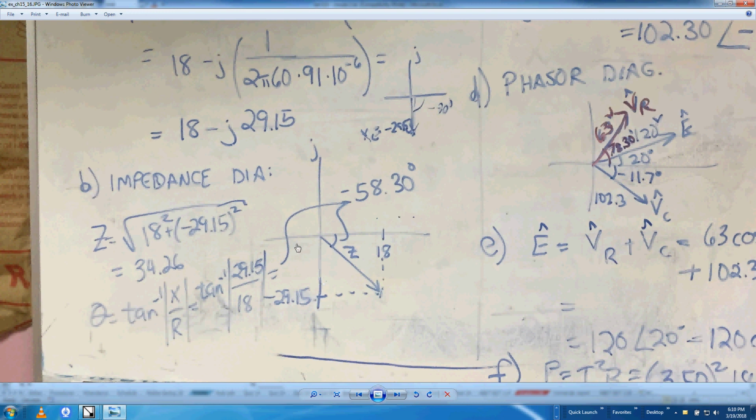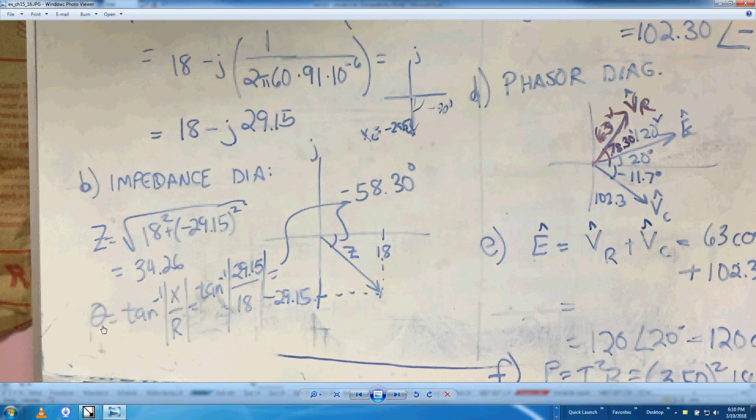I drew my impedance diagram over here from this rectangular form, 18 on the real axis, 29.15 on the j-axis, it's negative. So here is my vector, here's my angle, so I know it's going to be a negative angle.